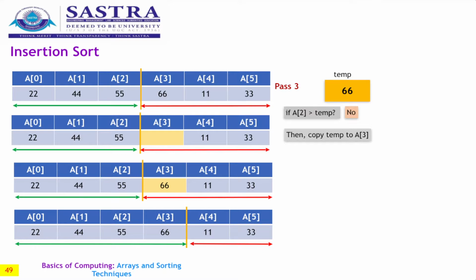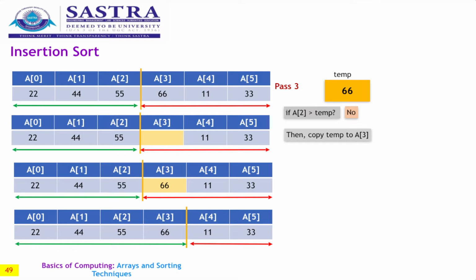Yes, we have processed only a of 2; we have a of 1 and a of 0. Then a of 1 and temp must be compared. So a of 1 is 44, temp is 66. Still temp is greater, so no need of a right shift, which again leads you to the next iteration. Then is there any more element?